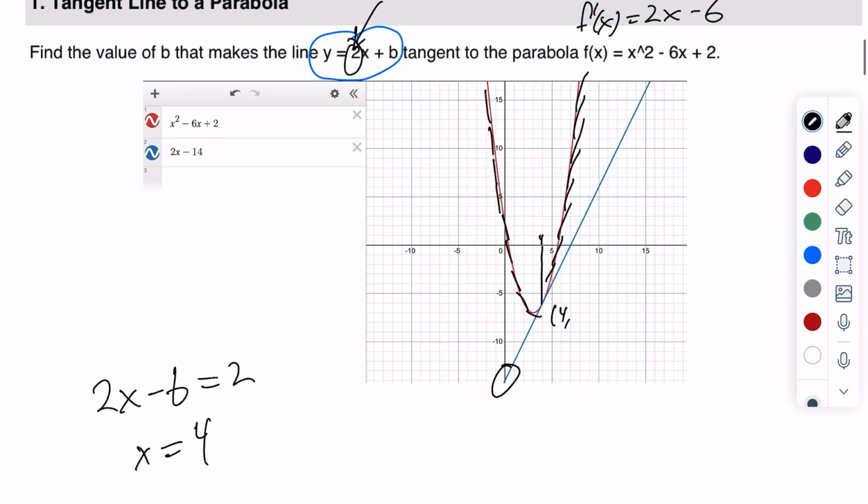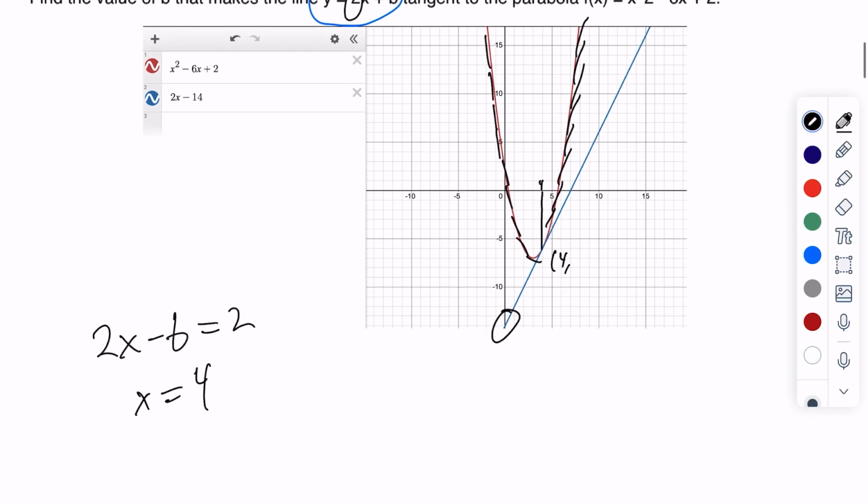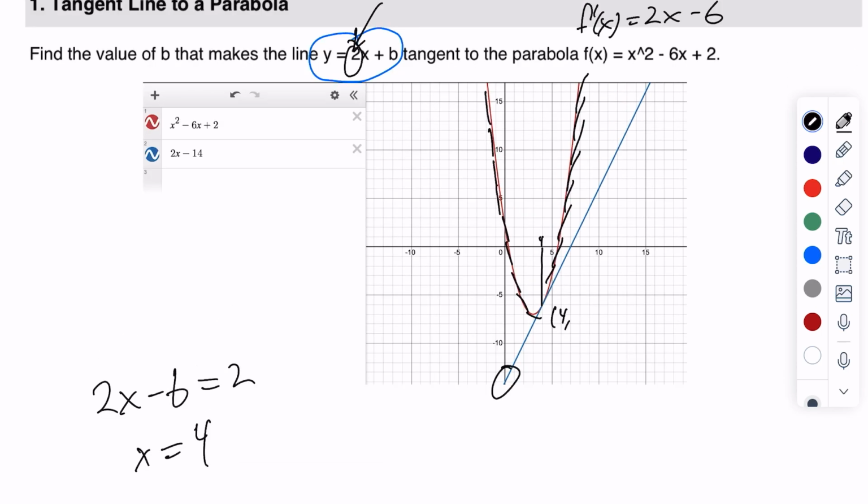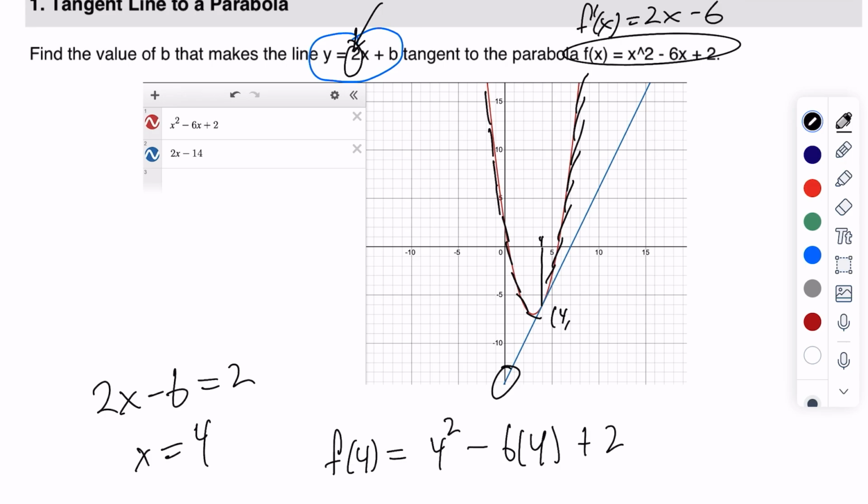And now we need to find a y value. So what we can do is plug our value of x back into our function here. So we can say f of 4 equals 4 squared minus 6 times 4 plus 2, and that will give us our y value here.